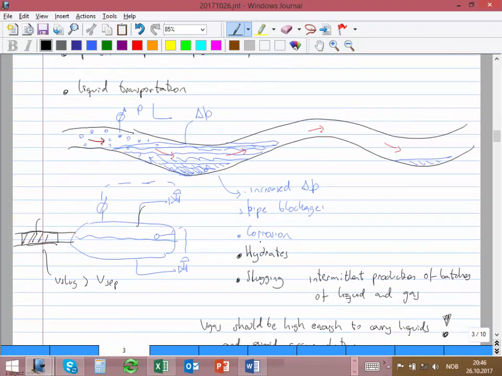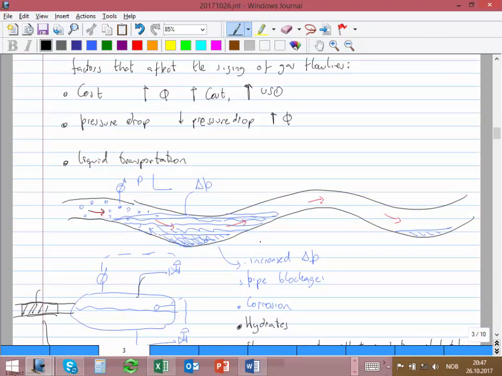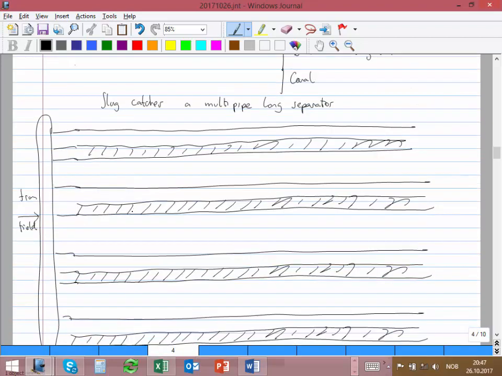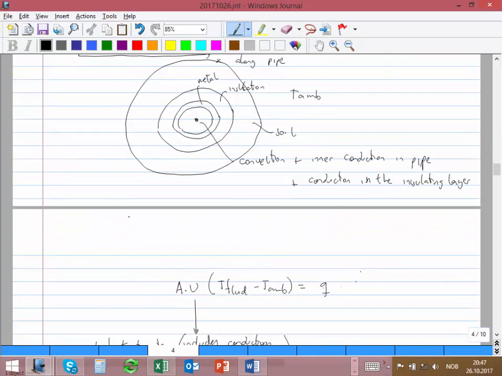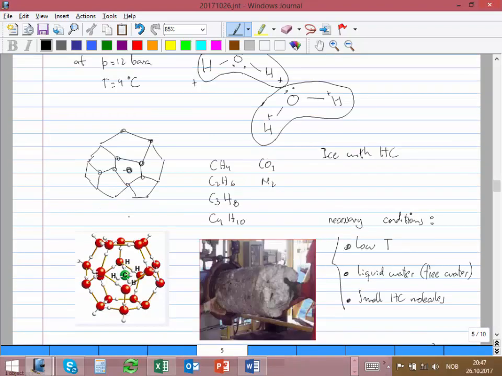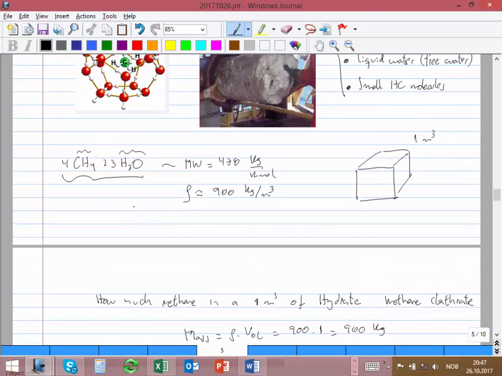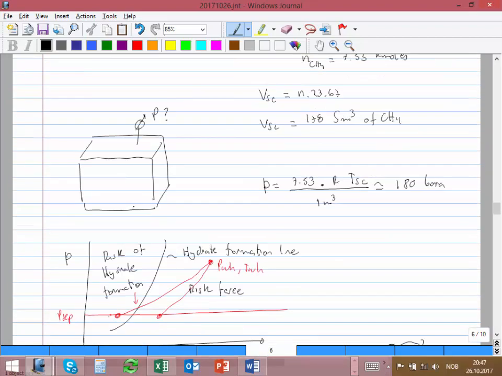I told you some of the problems that you have when you have a big pipe or a small pipe: the accumulation of liquid, the losses of temperature, that you start losing a lot of energy because you have a big area, and that can give you a problem like slugging, and that can give you problems like hydrates. I talked a bit about hydrates, what hydrates are, and it might be relevant for your fields in Coral, in this deep area of Mozambique.